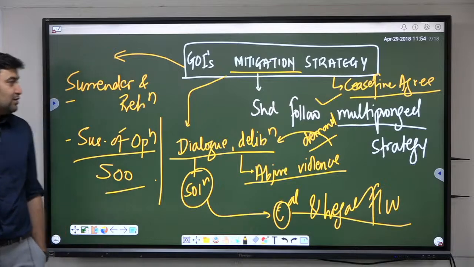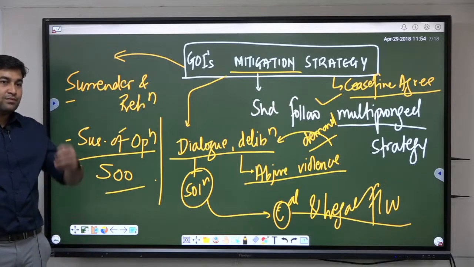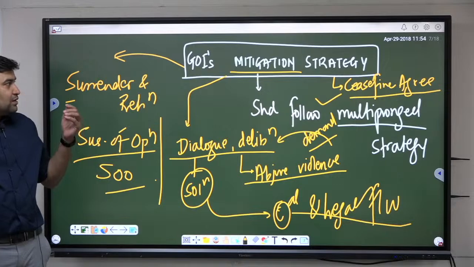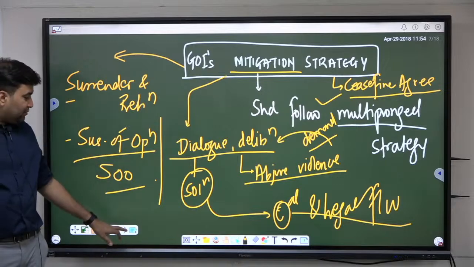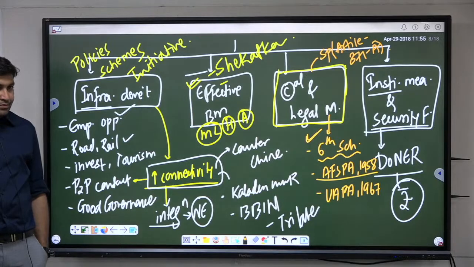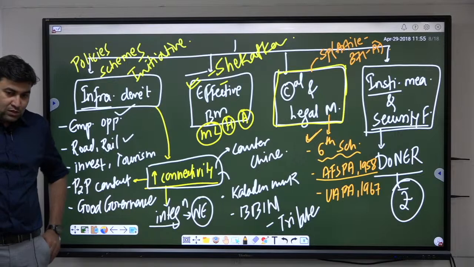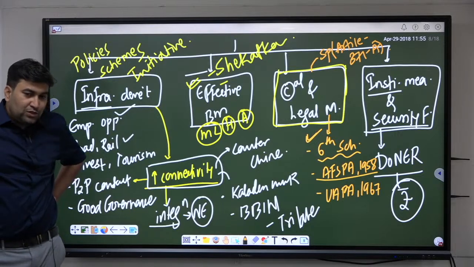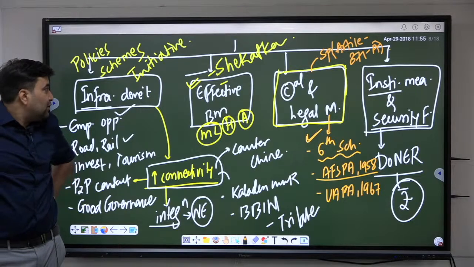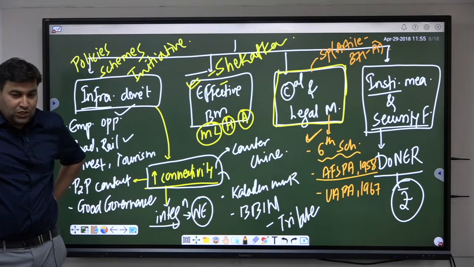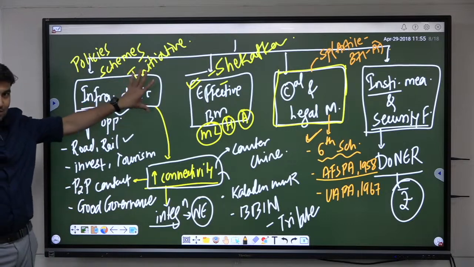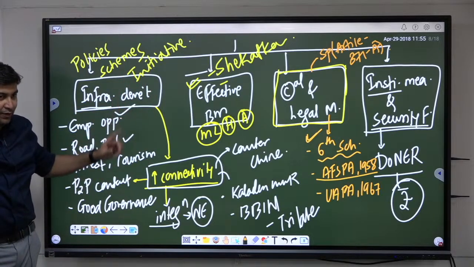Next point. Multidimensional approach for mitigation of insurgency. क्या है पहला? Infrastructure development.